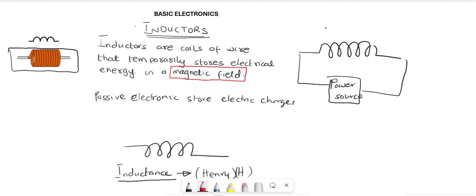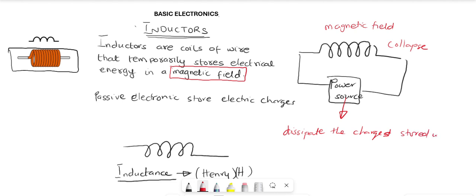This coil produces the magnetic field, and it will cause charges to be stored in there. Now, when this power source is removed, the magnetic field will collapse. In that state, the inductor begins to dissipate the charges it has stored up. As simple as that.